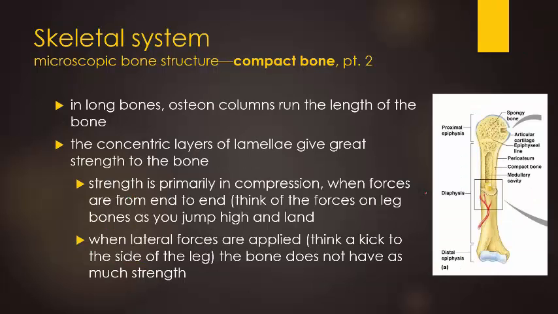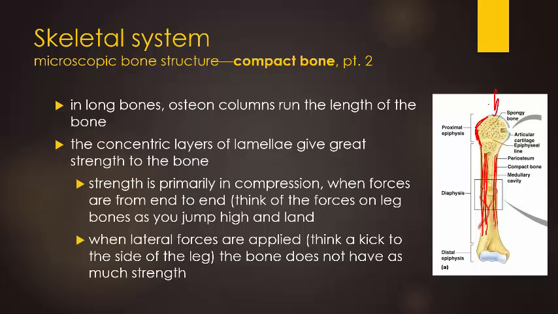So in long bone, we see an outer covering of compact bone, and then here at the shaft of the bone is where there's a hole where these tall columns of, here we have the tall columns of the osteons, and they give a lot of strength to the bone.